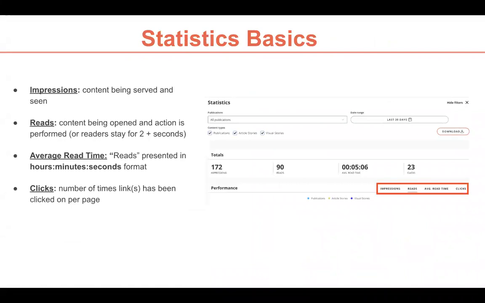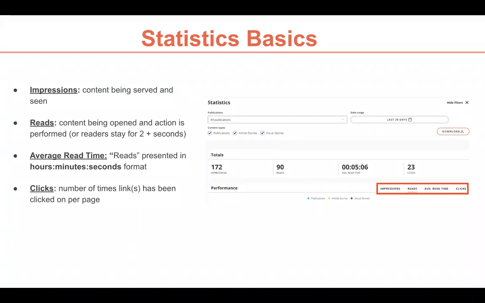Some basics just to distinguish between 2 main terms, which is impressions and reads. So basically impressions is a number that reflects how many times the content has been served. And this can be if it is just embedded, or if someone found it in search results, or if it was served as a suggestion, or if it was just a thumbnail somewhere on Issuu.